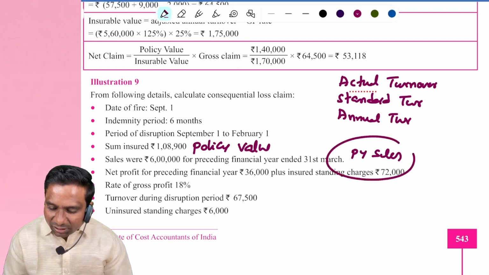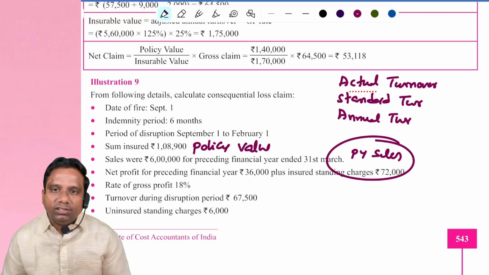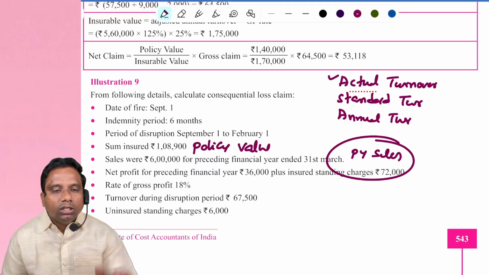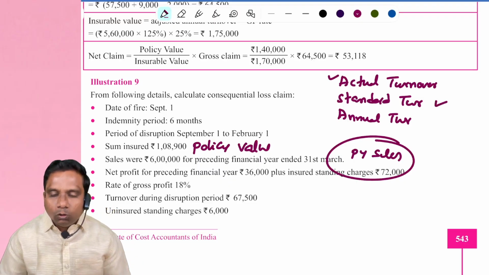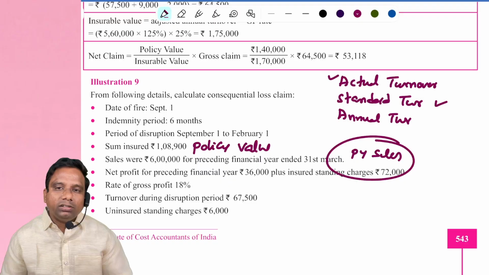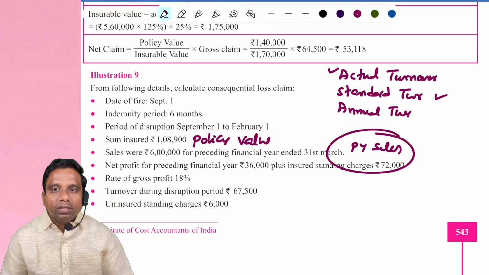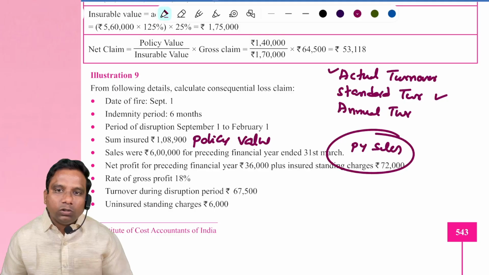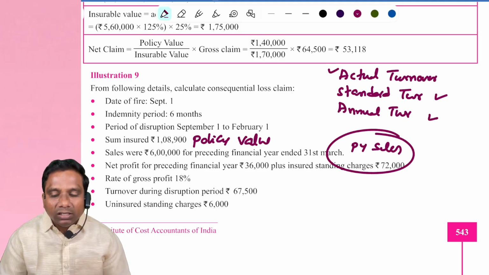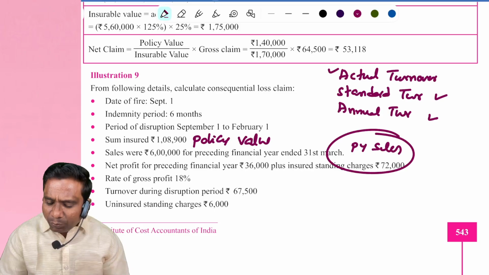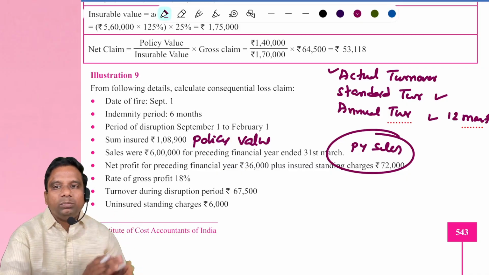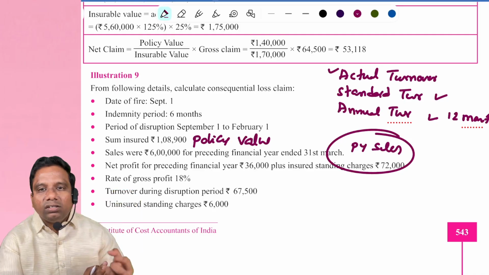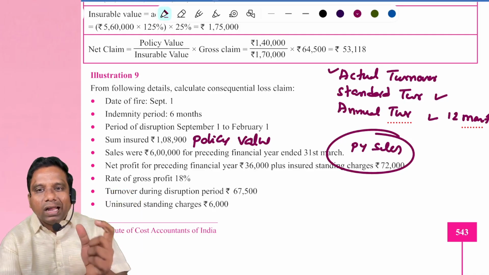Actual turnover means during the business disruption period, how much sales we made. Standard turnover means corresponding to the period of the year of fire. Annual turnover means the preceding 12 months' sales up to the date of fire, whatever turnover we have made. That is called annual turnover.